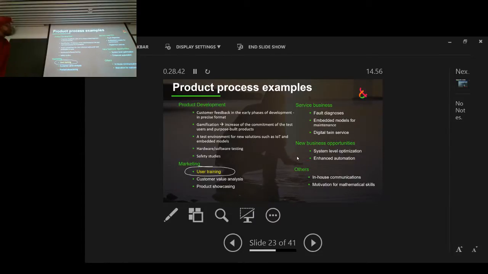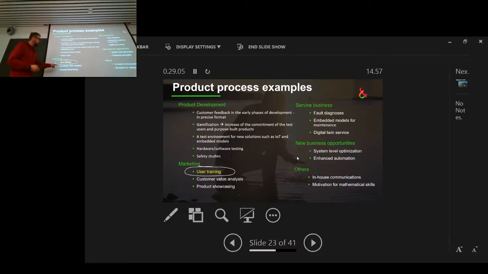Well, we believe that it's mainly used in product development, but it could be used in other product processes as well. We think that in marketing, user training is a part where you can obviously use it, because user training often is quite complicated, time consuming, costly perhaps.